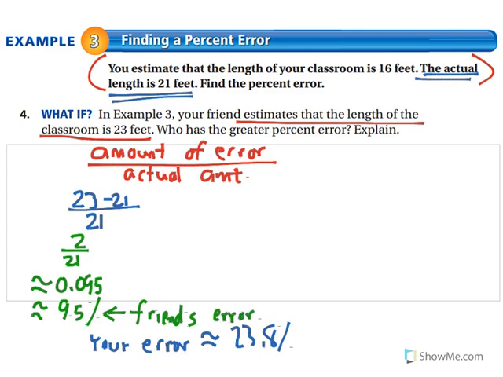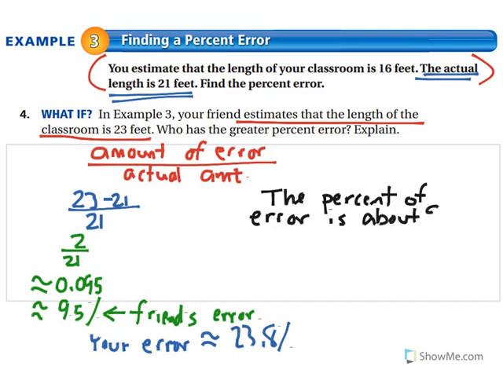So the percent of error is about 9.5%. And so then your percent of error is greater.